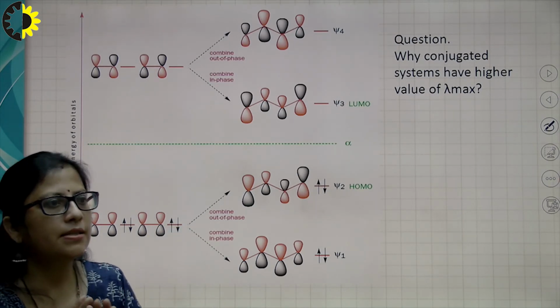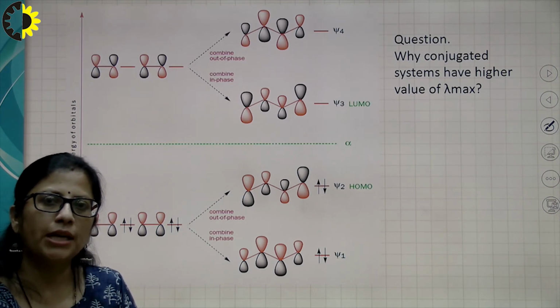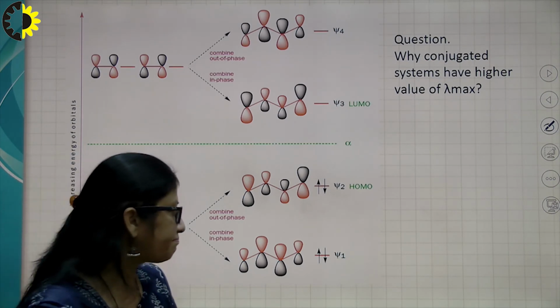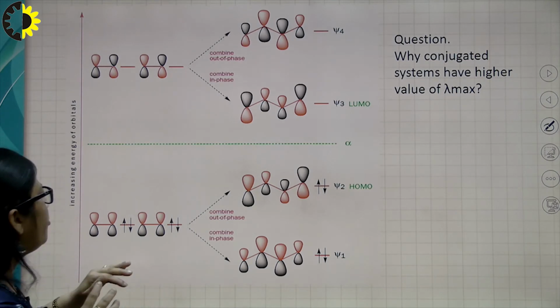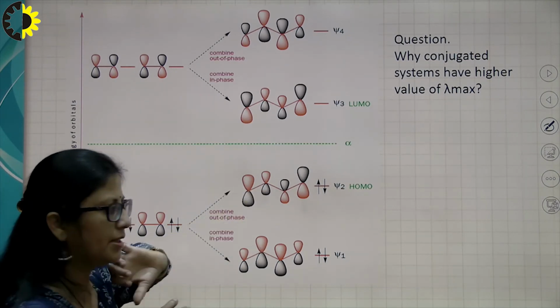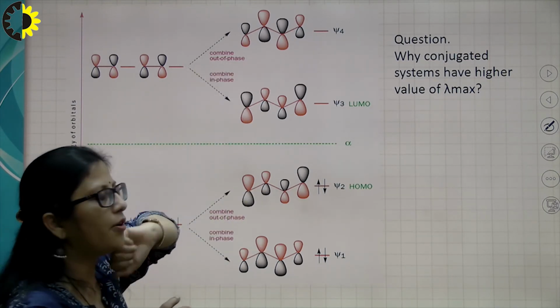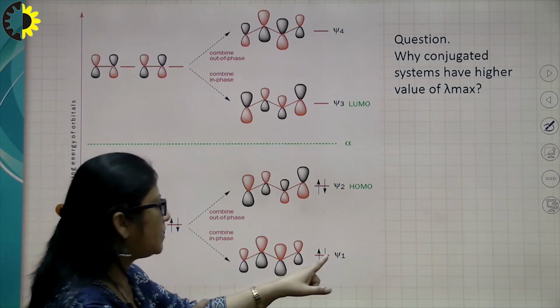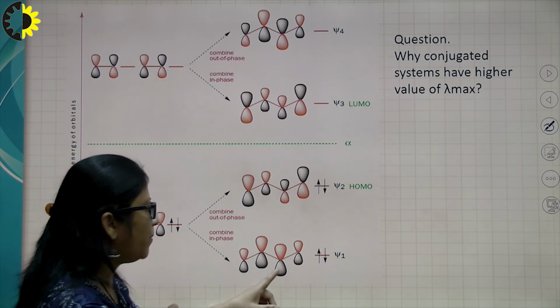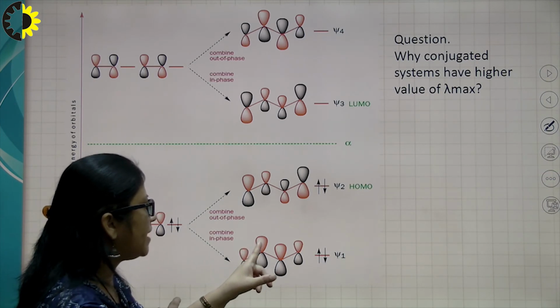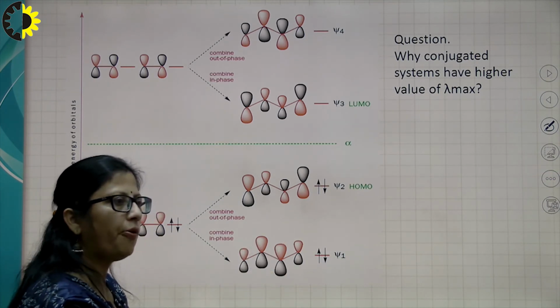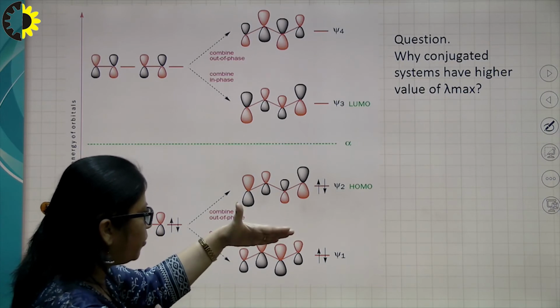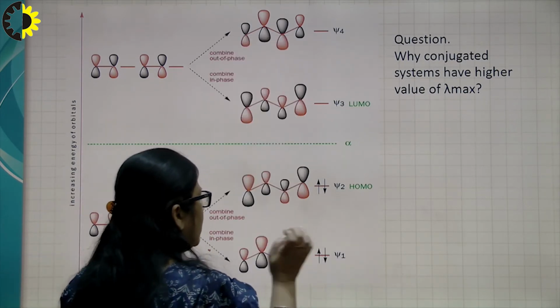But when I see the same case in conjugated systems, here there are two pi orbitals and two pi star orbitals being formed. In the first case, psi 1, as you can see, same colored lobes are present on all the sides, red on one side, black on the other side.